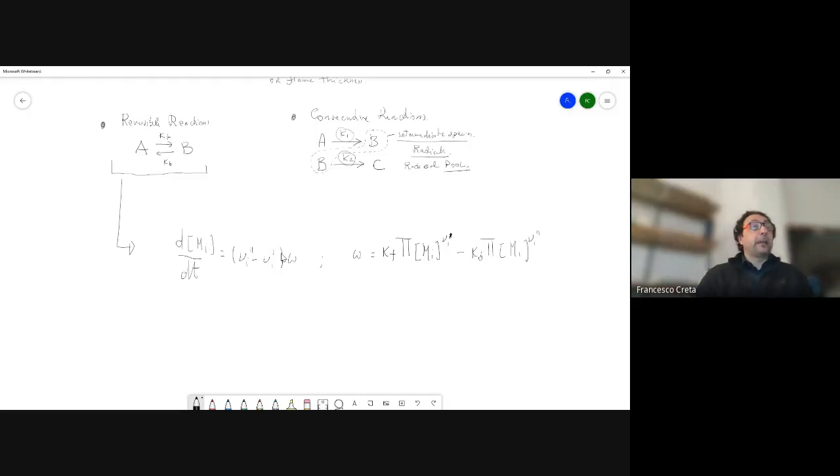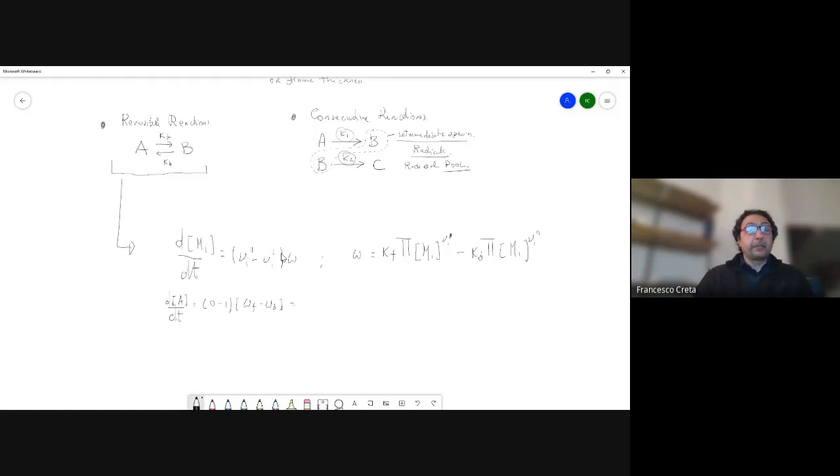So let's apply it to this very simple reversible reaction system. The rate of change of the molar concentration of A, we could do it the really long way. For A, it's 0 minus 1, times essentially the forward rate, omega f, minus the backward rate.